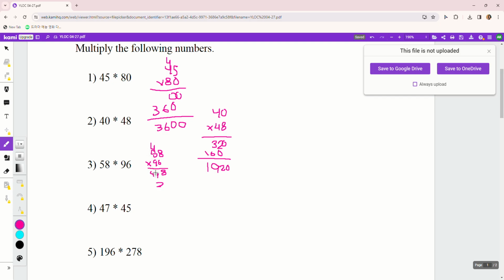And then 9 times 5 plus 7. 9 times 5 is 45. And then plus 7 from there is 52. And then if you add them all together, it equals 5,568.